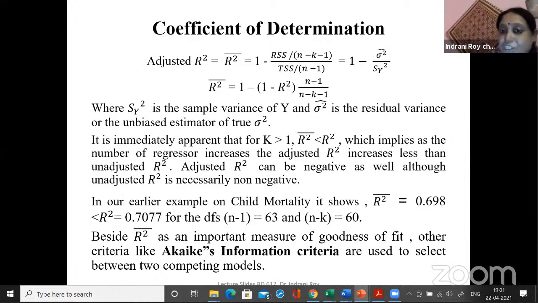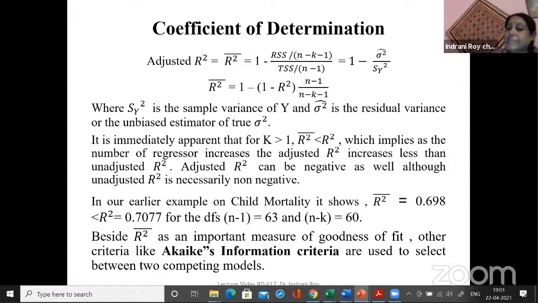So if the value gets smaller, then what happens? 1 minus something, which is constant, times something which is smaller. It becomes bigger, because the denominator is smaller, so this becomes bigger. So you are deducting a bigger value from 1, right? So in that case, R bar square is supposed to fall.